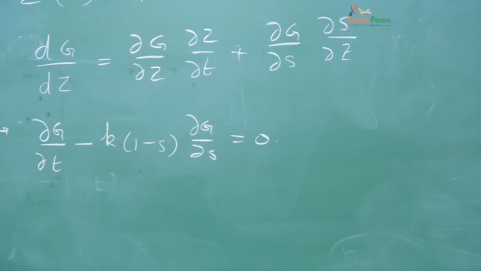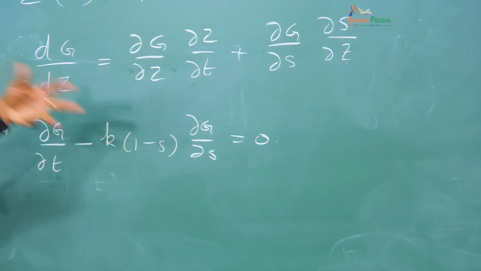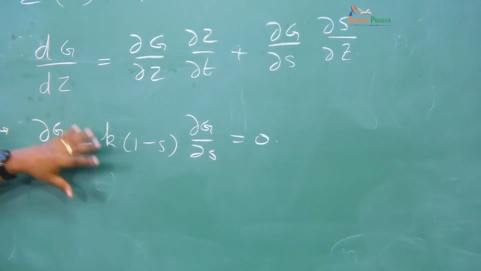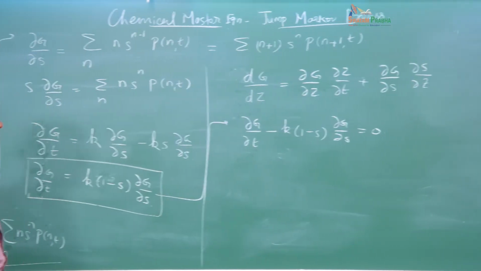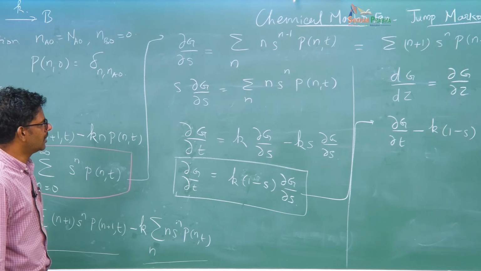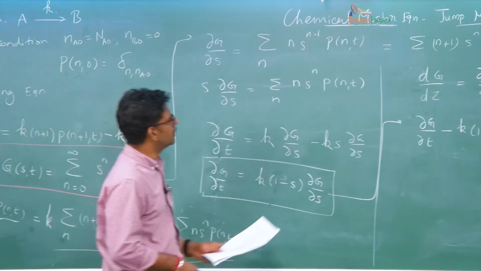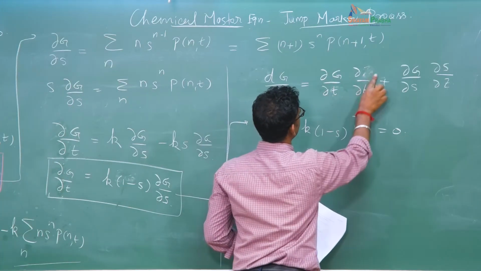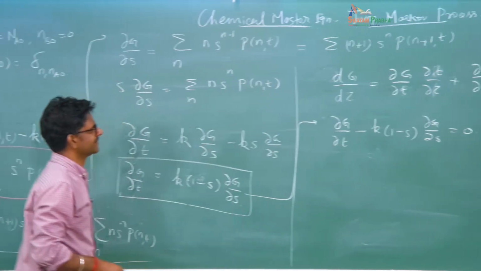Z is something I have not defined; I am expecting Z to absorb the S and T, but we have not defined what it is going to be. By writing a total derivative of G with respect to Z and comparing with the original equation, we can look at term by term what the corresponding values are. Oh yeah, this is supposed to be T.